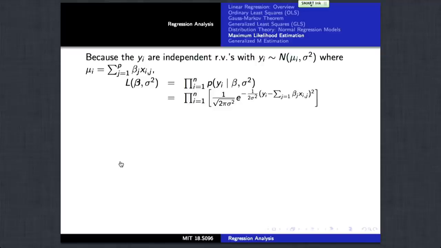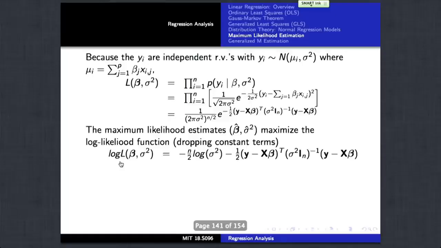And because this is a normal linear regression model, each of the yi's is normally distributed. So what's in there is simply the density function of a normal random variable with mean given by the sum of independent variables for each case i, given by the regression parameters. And that expression basically can be expressed in matrix form this way.